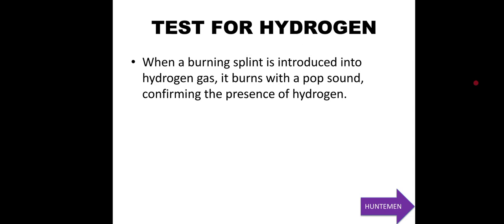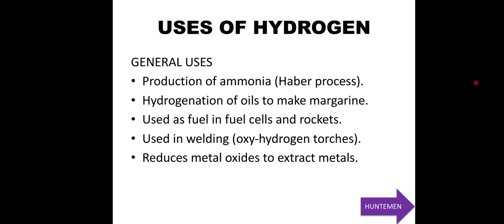That is called a burning splint. When you introduce it into a gas container, it burns immediately with a pop sound, confirming the presence of hydrogen in the container. That is the only test available for hydrogen gas. When you put a burning splint into a gas jar that contains hydrogen, it produces a pop sound.